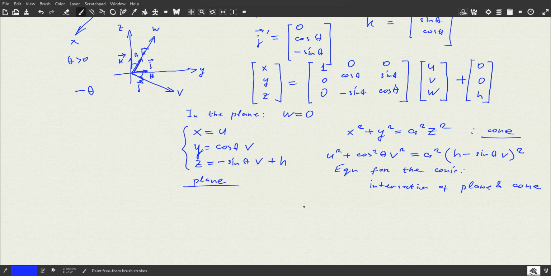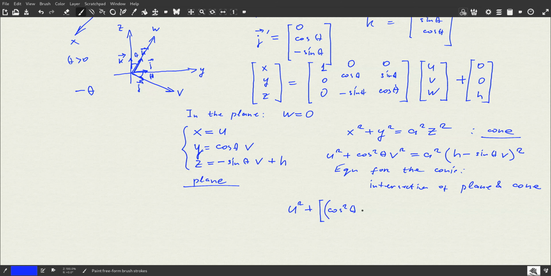So it will be u squared plus, what about v? Cosine squared theta, and in the right hand side we would have a squared multiplied by h squared minus 2 times h sine theta v plus a squared sine squared theta v squared.